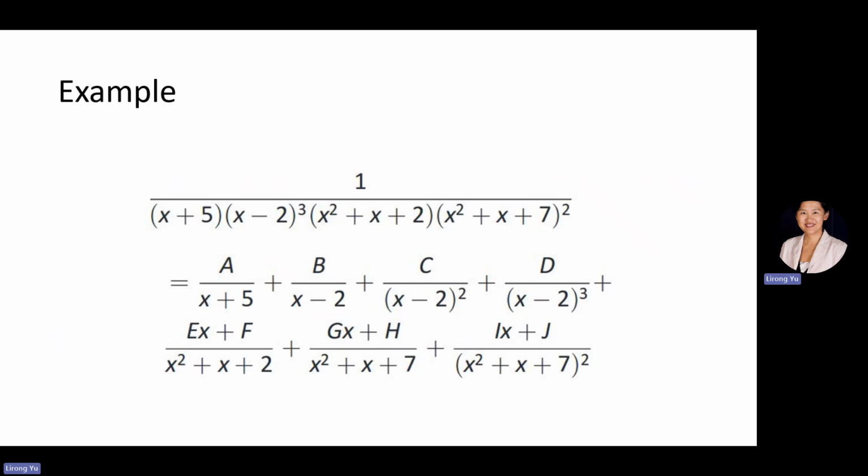Because that one is power 1, there's only one term for that factor. Now x minus 2 is power 3, so we have to have 3 fractions matching that denominator: x minus 2 degree 1, x minus 2 degree 2, x minus 2 degree 3, because it was decomposing from that kind of denominator.